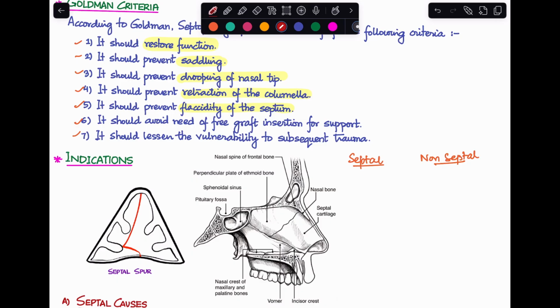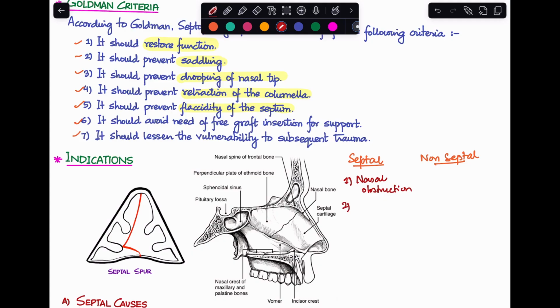What you need to look for is, does this patient present with any kind of symptom? Now, what are the possible symptoms that the patient will come to you with? So first of all, as you can predict, the number one indication would be a case of DNS who is coming to you with nasal obstruction on one or both sides. This will be a first indication for septoplasty.